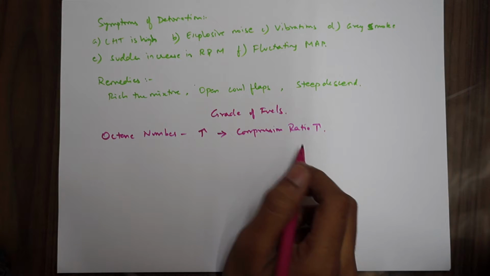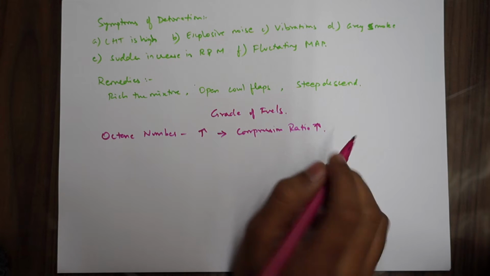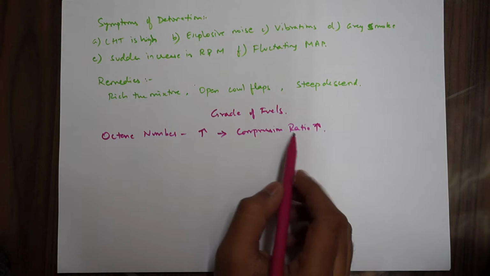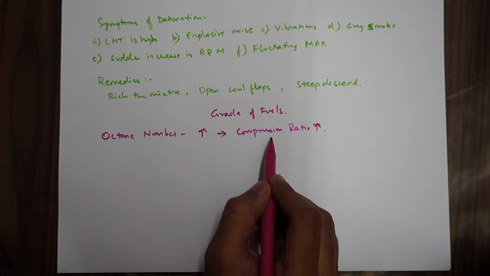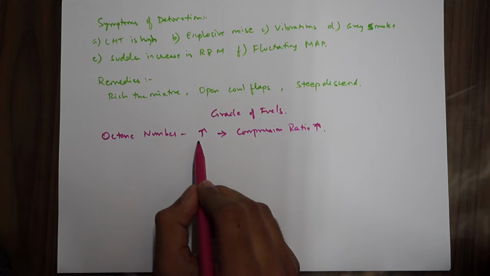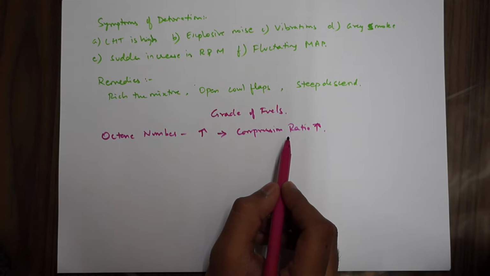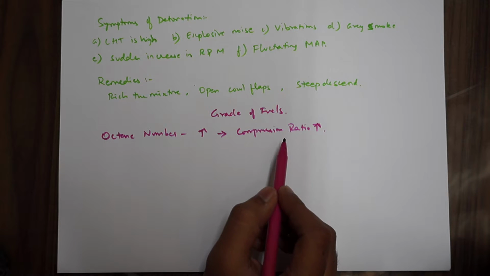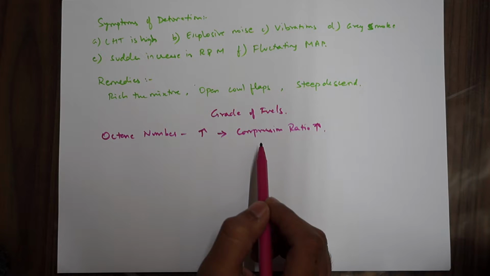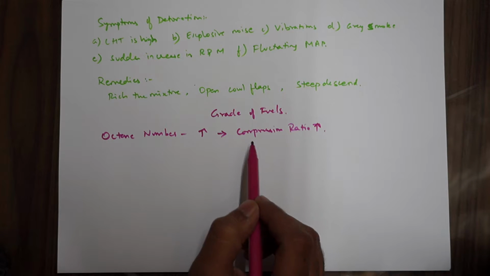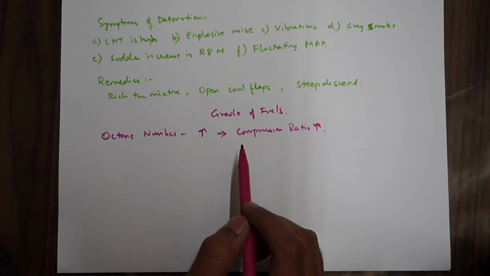Simple. Where your fuel would not detonate even on high compression. Do you understand? It's simple, right? If you have a high octane number, you can use a high compression ratio, so your fuel will not detonate easily. So it's obviously desirable, right? So a high performance aircraft uses higher octane number fuel.